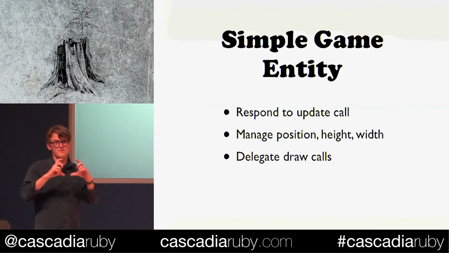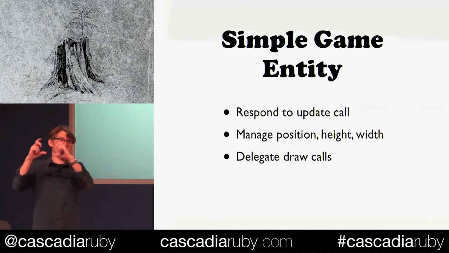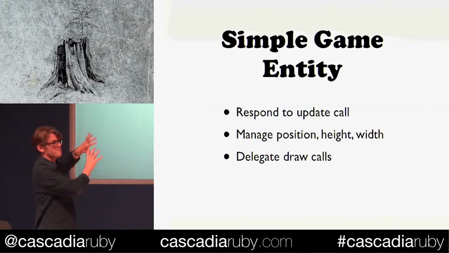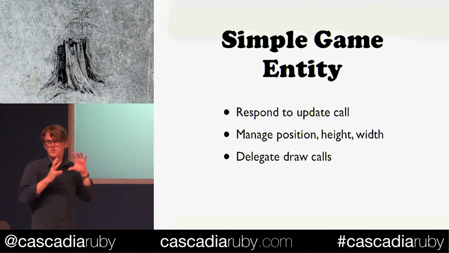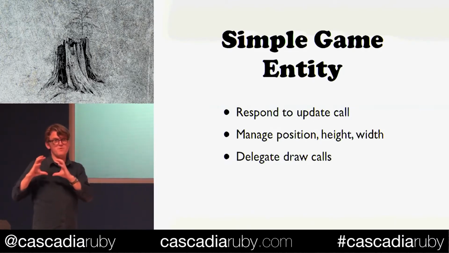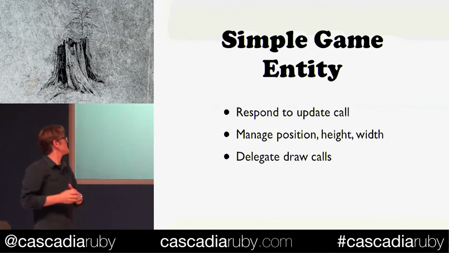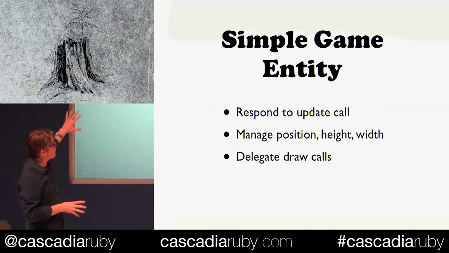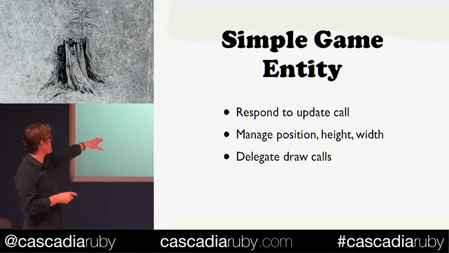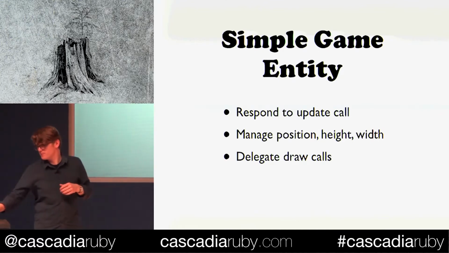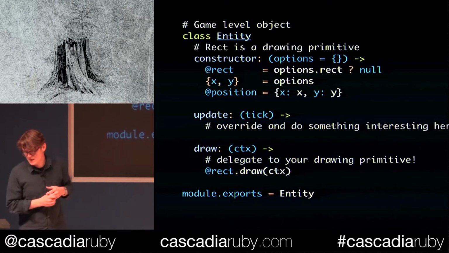If you want something that has a consistent graphic that you're moving around, you have to manage all the drawing bits for that thing and package it up in a way so I can move them all together, move things on top of each other, pull things out or whatever. So that's why we're grouping stuff into this game entity. And then I'm going to delegate the draw call. So here's a real simple game entity.